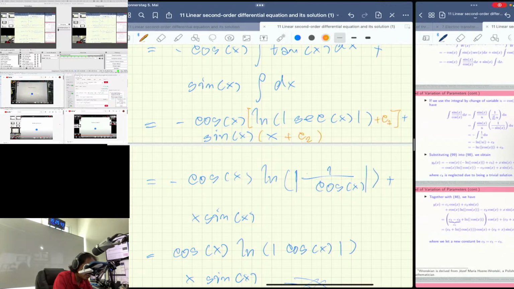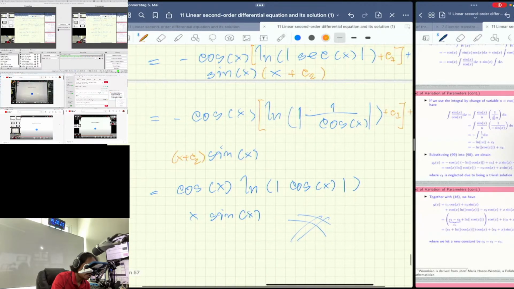And yes, of course, you would have here x plus C2, and there we would have here plus C1, right?